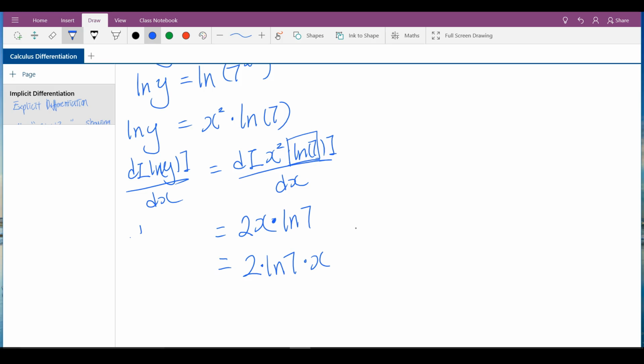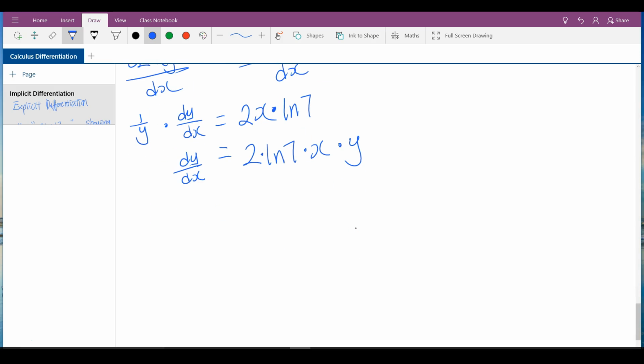It's always going to be 1 over y, because the derivative of ln of whatever is inside the bracket is 1 over that, and then multiplied by the derivative inside the bracket with respect to x, which is dy/dx, exactly what we wanted. So we can move the 1 over y to the other side by multiplying by y.